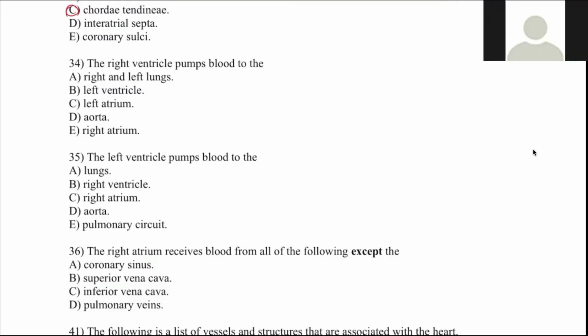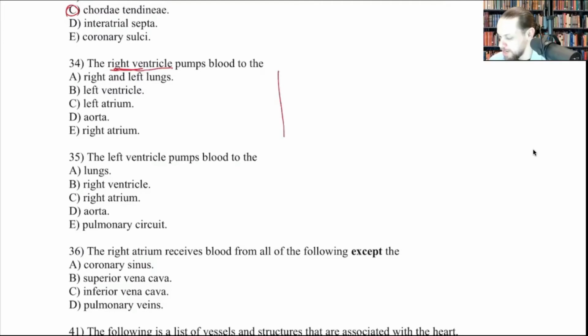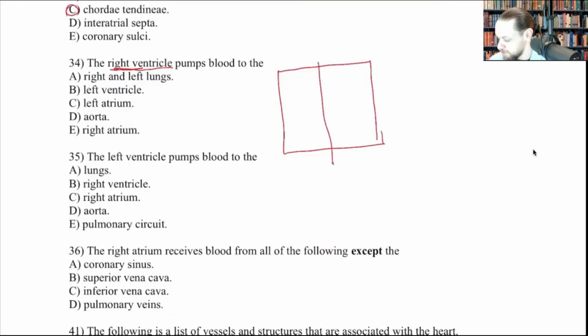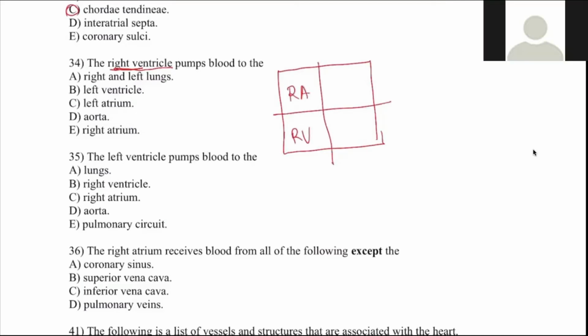The aorta. So let me draw a schematic here. You have the right atria, the right ventricle, the left atria and the left ventricle, right?